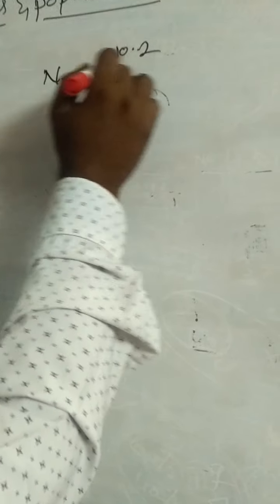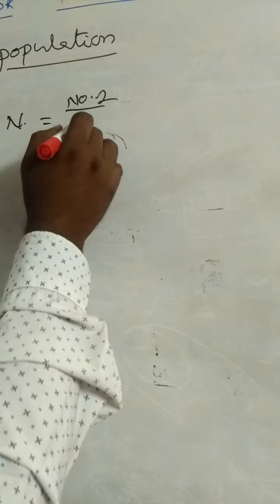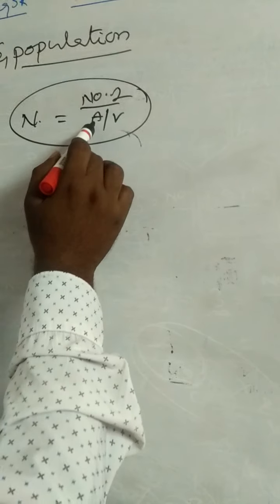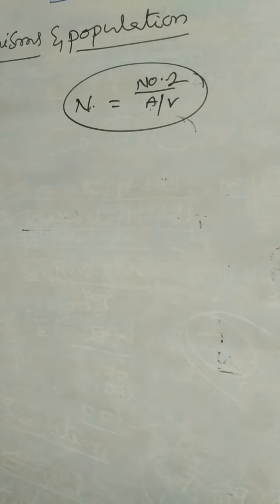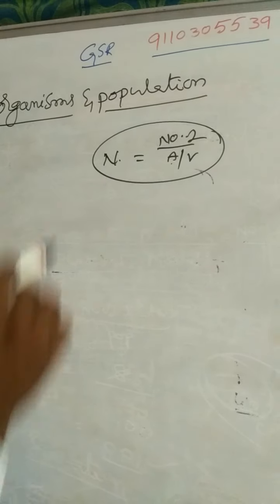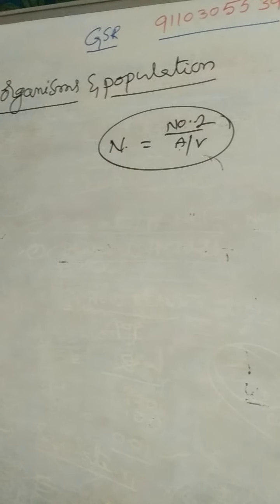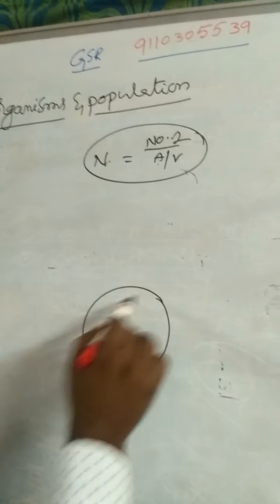Population density N is equal to number of individuals present in a particular area in a terrestrial habitat, or volume in the case of an aquatic habitat. So in general, population density N is equal to number of individuals by area or volume.